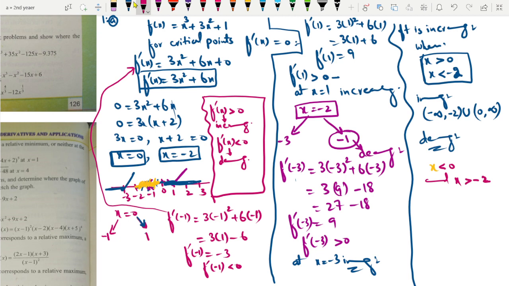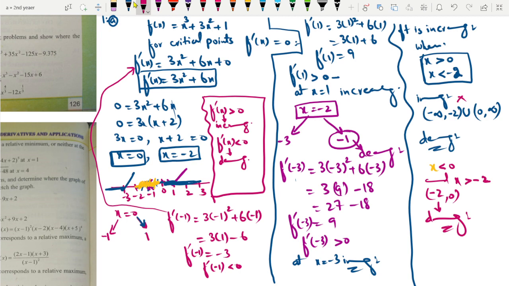So between 0 and -2, the function is decreasing. You can also write it as -2 to 0. For this range the function is increasing, and for this range, the function is decreasing.